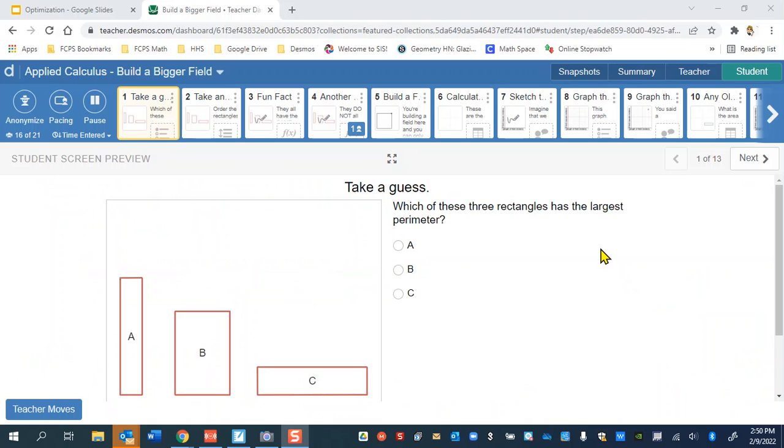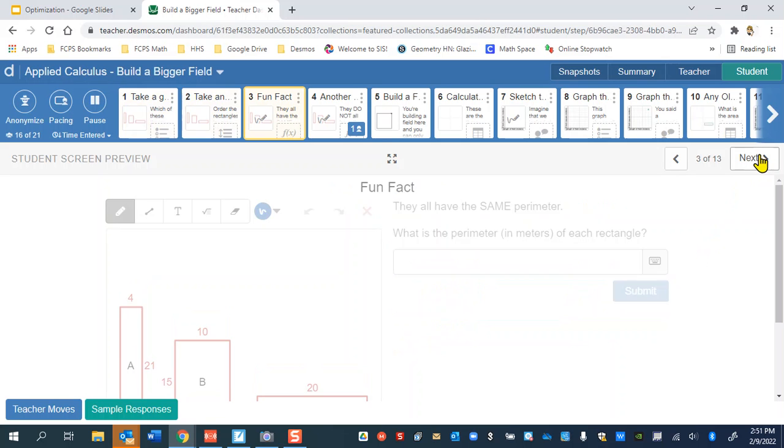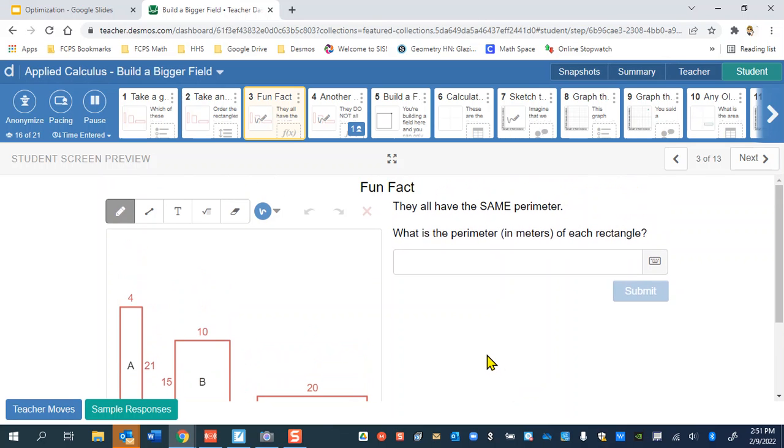All right, so when we talked about these boxes, which one has the greater perimeter or the largest perimeter? Let's just say I pick B. And then I go through, what are the rectangles by area? Let's say I thought B has the biggest area. Then C, then they're like, oh, snap, they all have the same area.